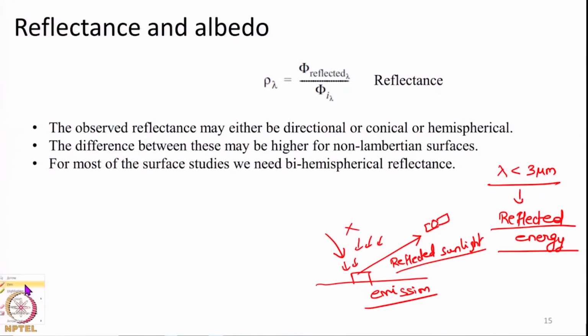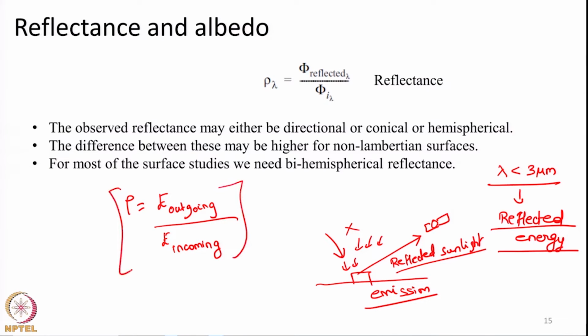What are these things? Reflectance is defined as the ratio of outgoing energy to incoming energy. The very simple definition is reflectance rho is equal to E outgoing, that is, radiant flux density outgoing, divided by radiant flux density incoming. This is what is known as reflectance.